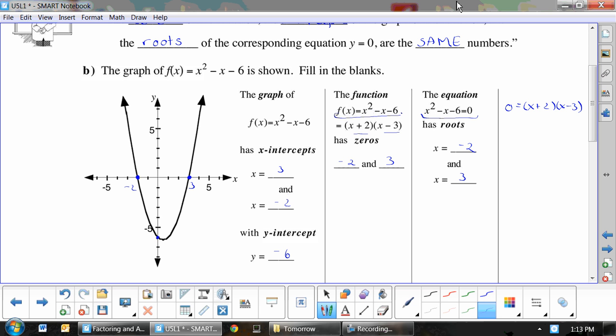And this is always true. The function and its buddy equation have the same roots and zeros, and its graph will always have the same x-intercepts as the rest. So it's a nice way you can check your work by graphing it. If it was a multiple choice test, I'd always be graphing it because it's way easier and faster usually.